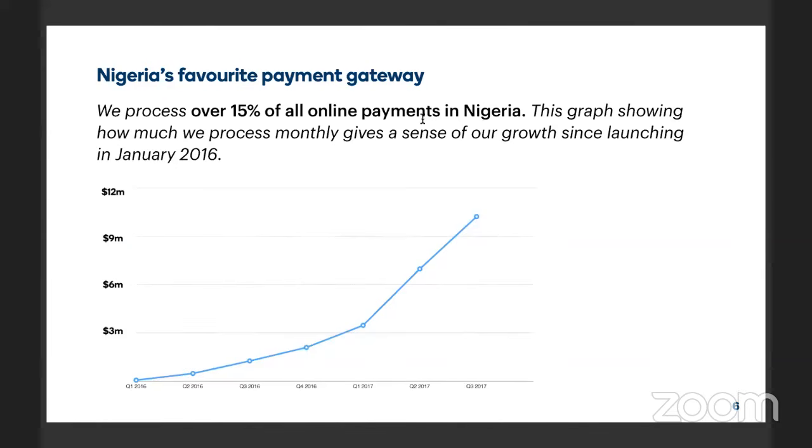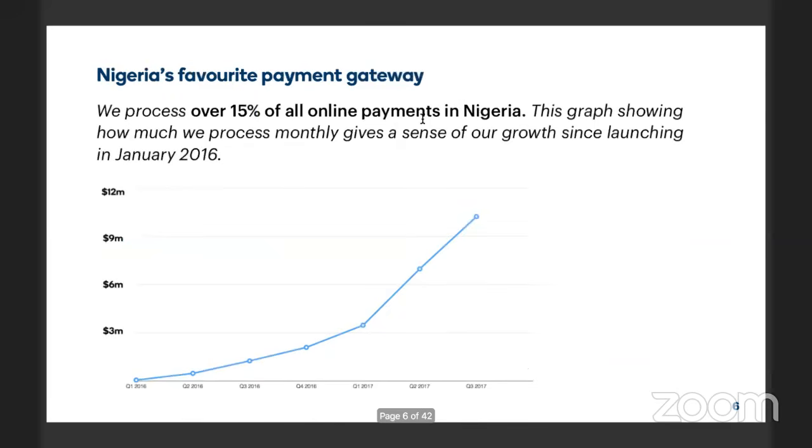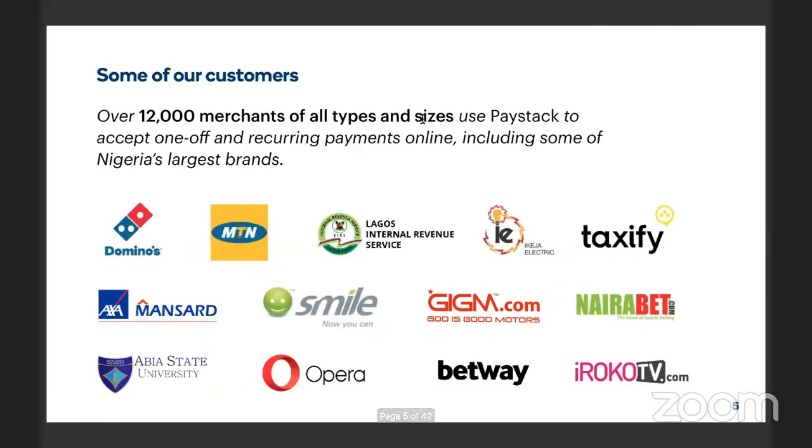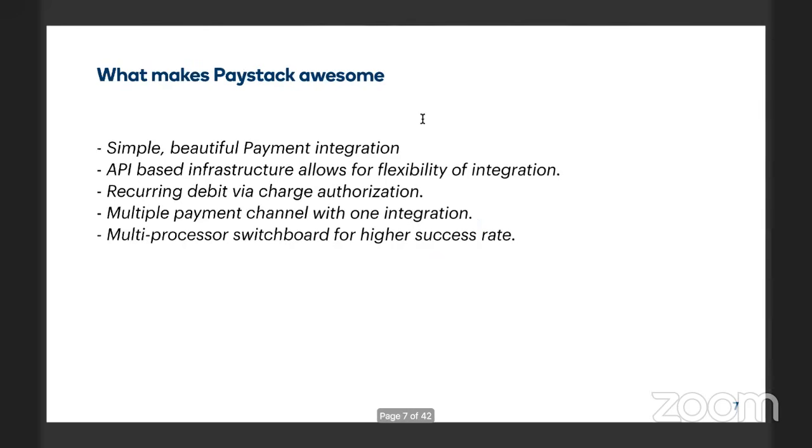In the first month that Paystack launched, we only processed about $2,500 in transactions. Last month, Paystack processed a little over $70 million for businesses. And we've been growing. So this is why Paystack is relevant to the Nigerian payment space right now.